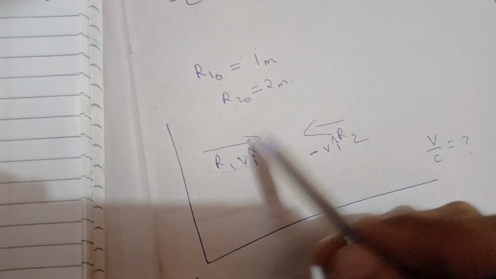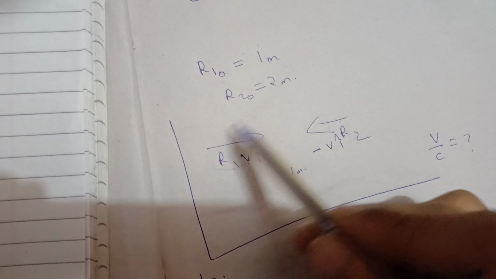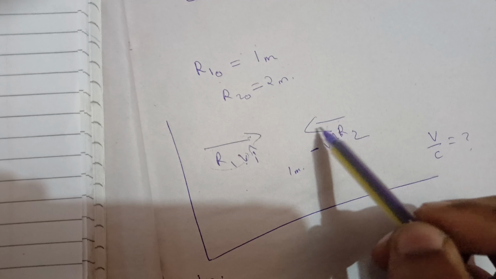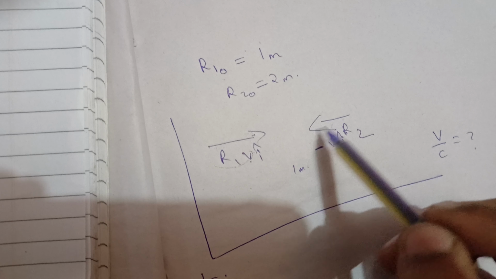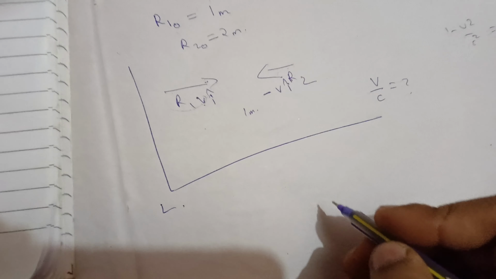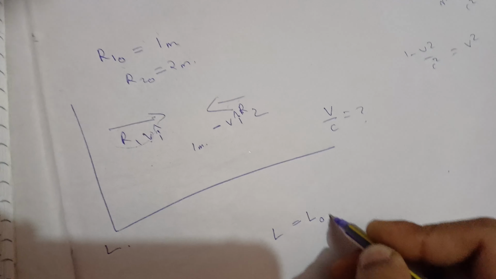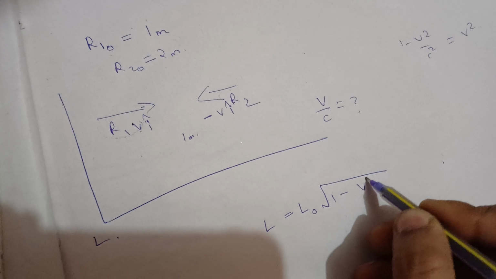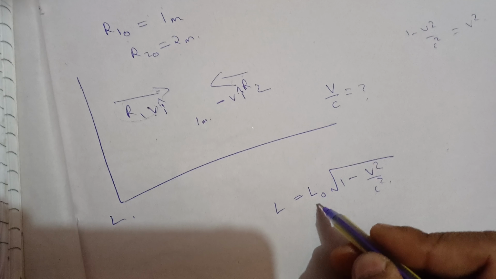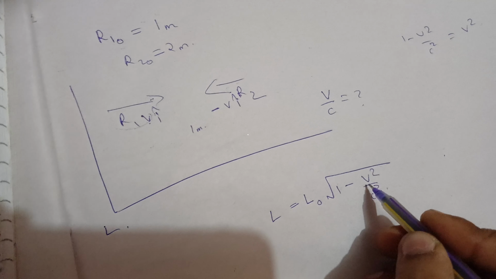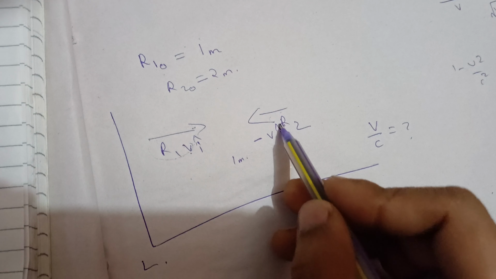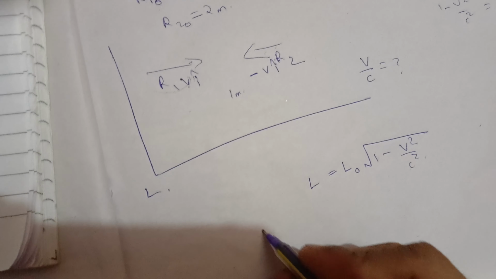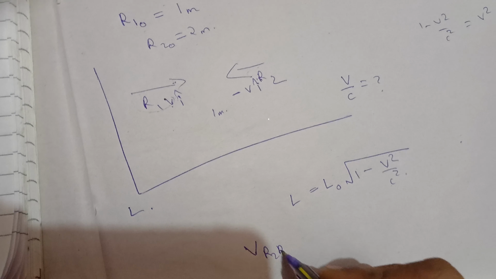Then we will have this rest frame and this is moving in this frame, and the speed will determine the length of this. We know the formula, L equals L naught root 1 minus v square by c square. So L naught is 2 meters, L is 1 meter. Now v is the speed at which it is moving with respect to this, so we need to find v R2R1.